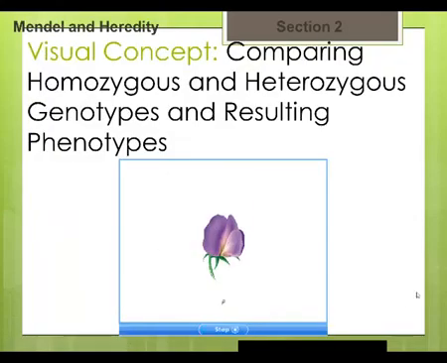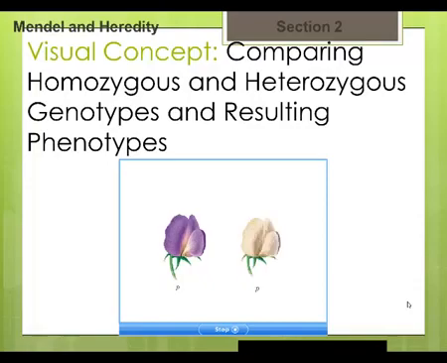Dominant alleles are represented by capital letters. For example, the allele for purple flowers is represented by a capital P. Recessive alleles are represented by lowercase letters. For example, the allele for white flowers is represented by a lowercase p. A homozygous individual has two copies of the same allele for a given trait.